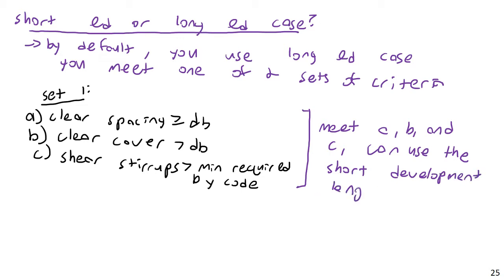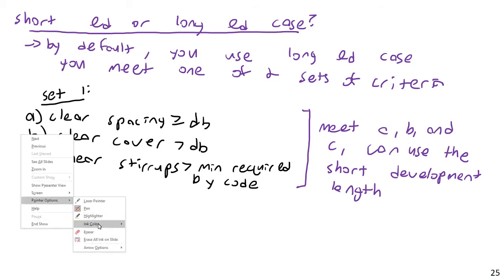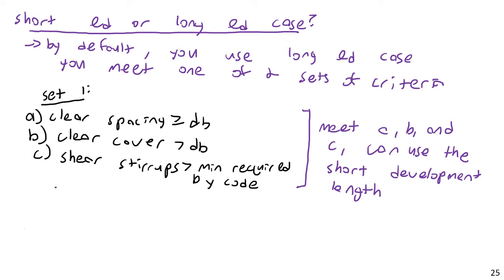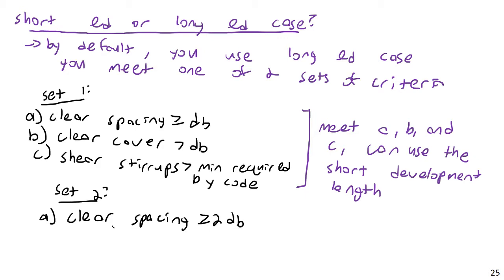And then there's another set of conditions that will also allow you to do this. Set 2: alternately, you can satisfy this one. A, clear spacing is greater than or equal to 2 times the bar diameter. And B, clear cover is greater than or equal to just the bar diameter.